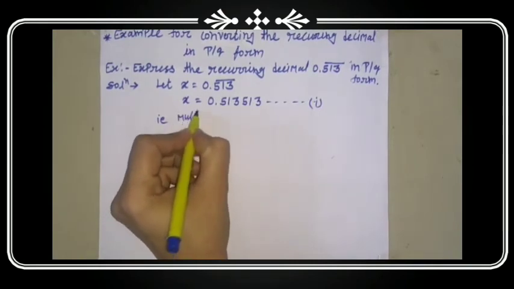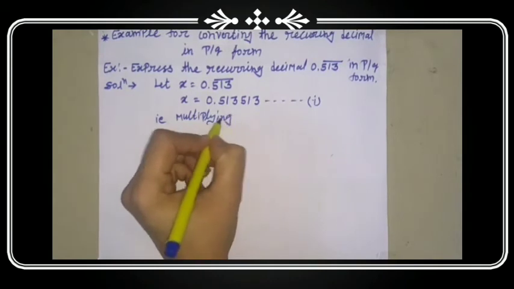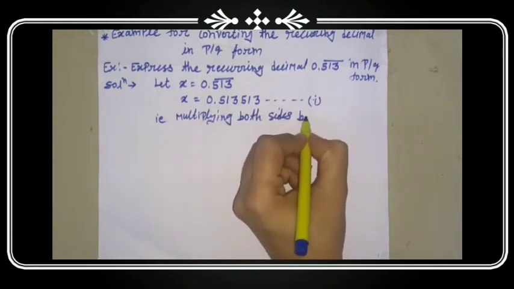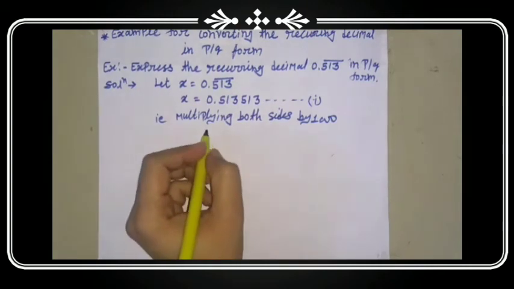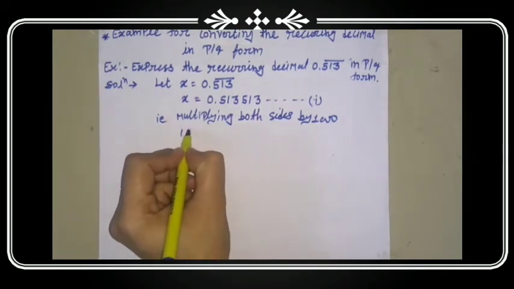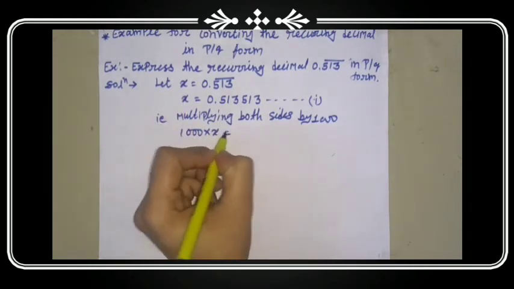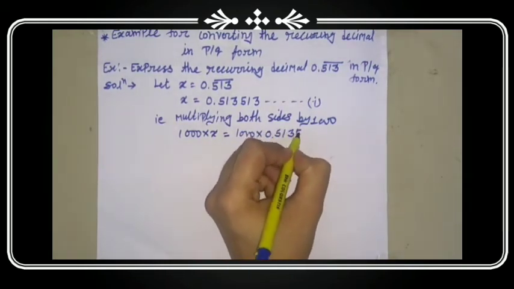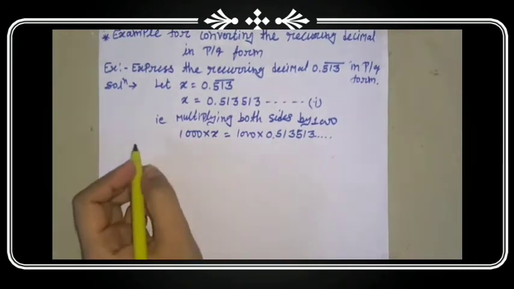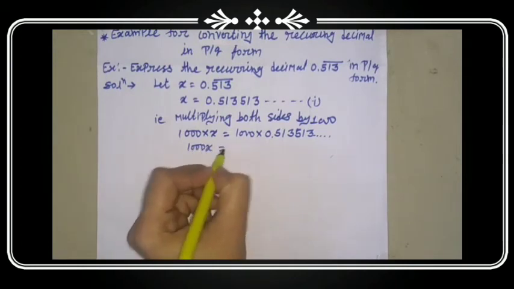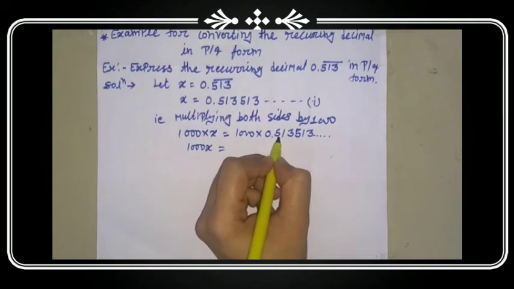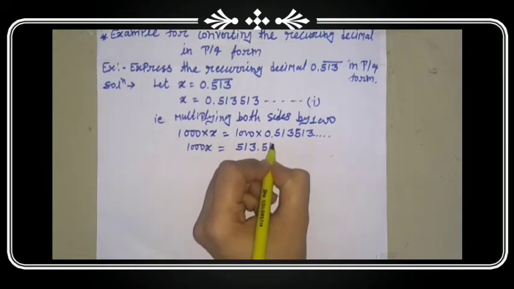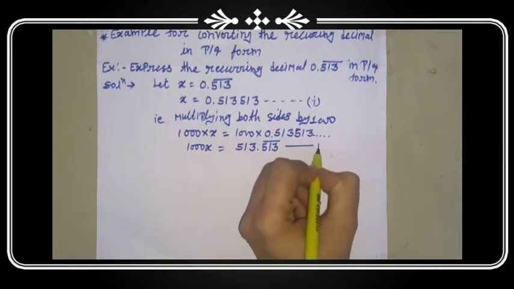That is, multiplying both sides by 1000. 1000 into x equals 1000 into 0.513513. 1000x equals 513.513 bar. It is denoted by the second equation.